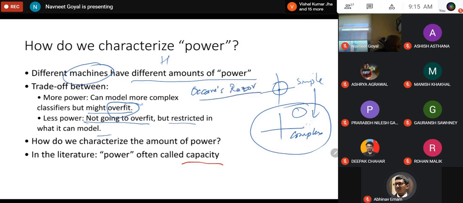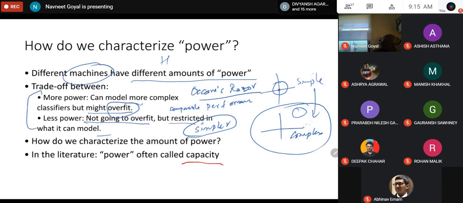If you have two models with comparable accuracies or comparable performance, and comparable is important, then you should choose the one which is simpler. Why do we choose simpler? Because it has less chance of overfitting. So it is always a trade-off between complexity and overfitting.